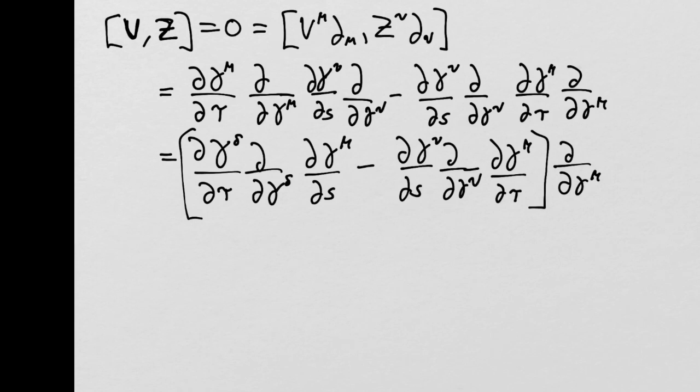So it is worth noting that the commutator between the vector field of tangency along the geodesics and this connecting vector field equals 0. It's not too hard to understand why that would be. They're both defined through the same function, this gamma mu of s and tau. That's a function of two variables.